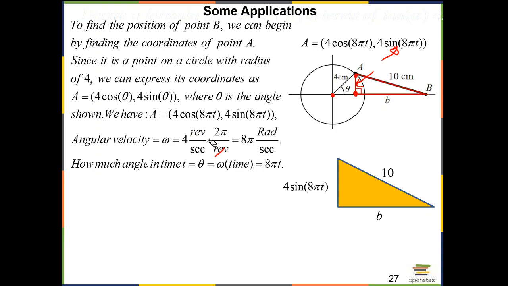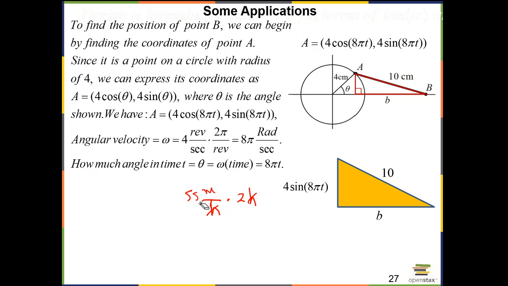So if we know how fast this thing is going around, then we can multiply the velocity by time to make it how much angle, right? If you go 55 miles per hour and you do this for 2 hours, well, then the hour and hour cancel, you go 110 miles, right?